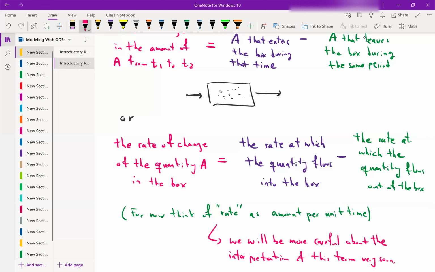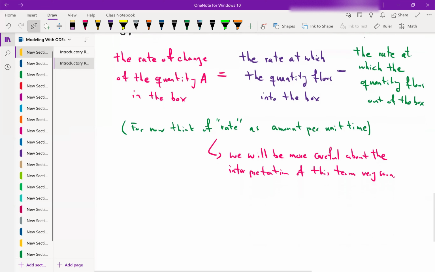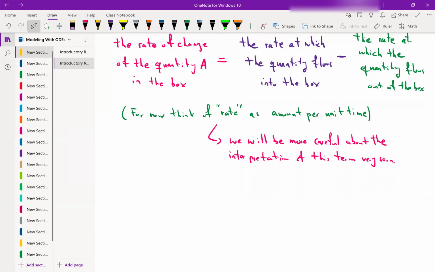And now I want to talk about another source behind the many interesting ODEs that we see in modeling real life applications. So this will be item four.